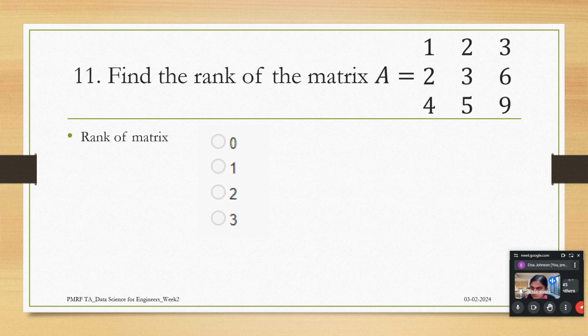Everyone is giving the value 3. Those are linearly independent, and the rank will be equal to 3, because they are linearly independent.